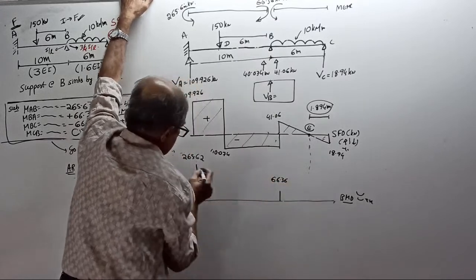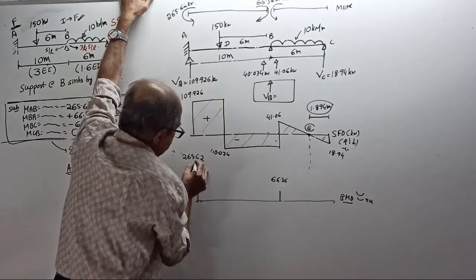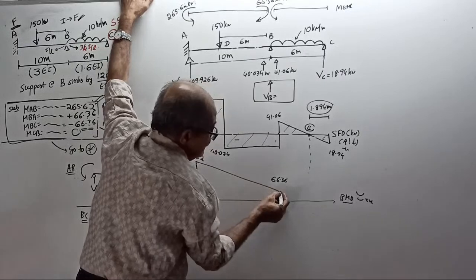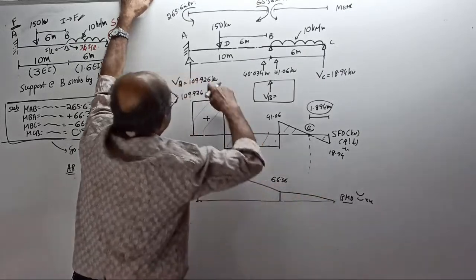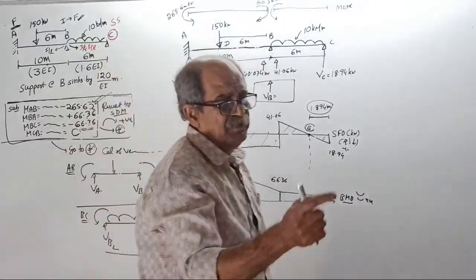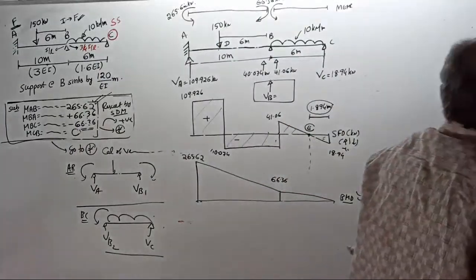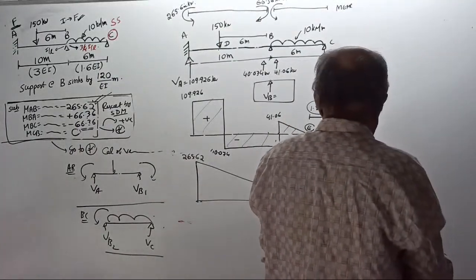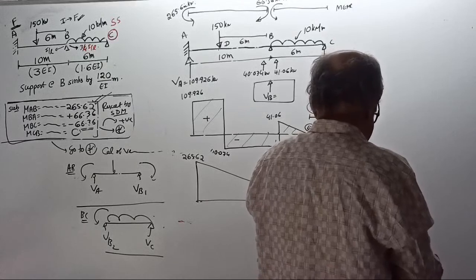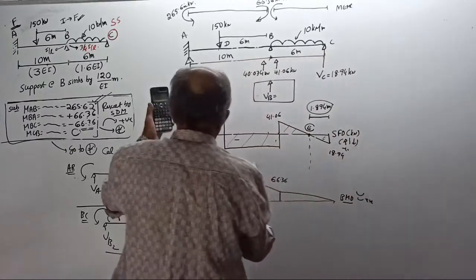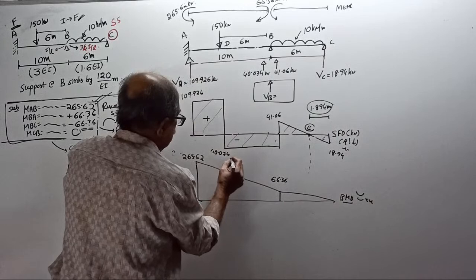Here 0. Whatever load given, joined by straight line. Then superimpose bending moment diagram due to simply supported beam. It is WAB by L. 150 into 4 into 6 divided by 10. 260 here. See, it is 260 here.